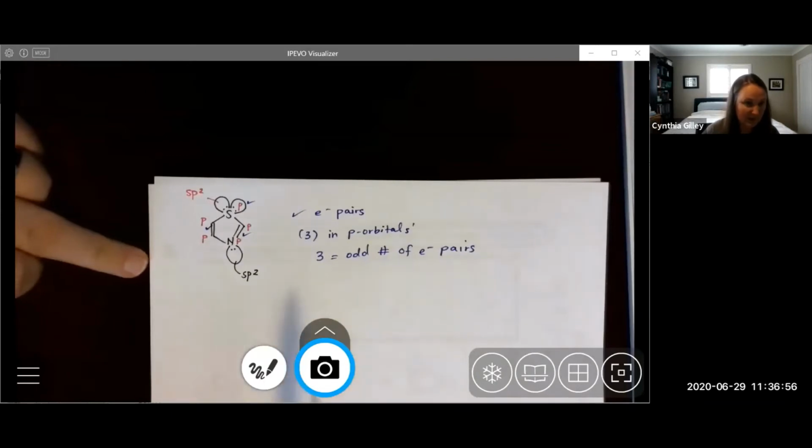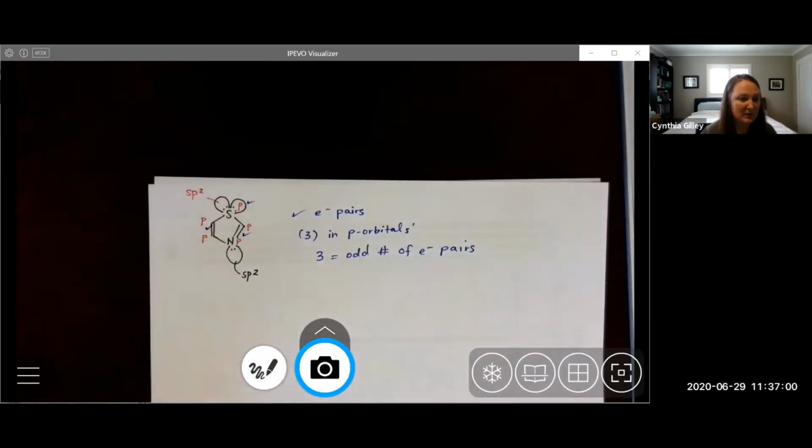So think about what's going to happen on the sulfur. If both of those lone pairs go into hybridized orbitals, there's no aromaticity, right? I'm sure Dr. Gwynn talked about those molecular orbitals. We won't have a filled set of bonding molecular orbitals, so it won't be stable and aromatic. So that's not good, right?